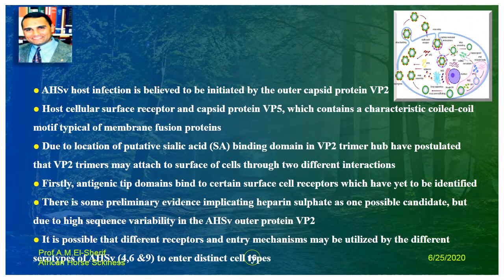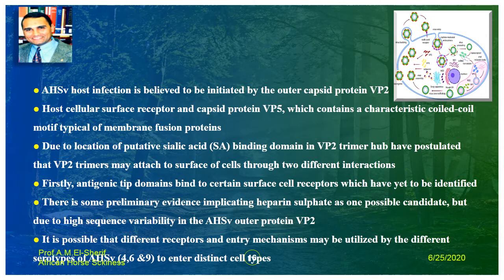African horse sickness virus host infection is believed to be initiated by the outer capsid protein VP2, the host cellular surface receptor, and capsid protein VP5, which contains a characteristic coiled coil motif typical of membrane fusion proteins.